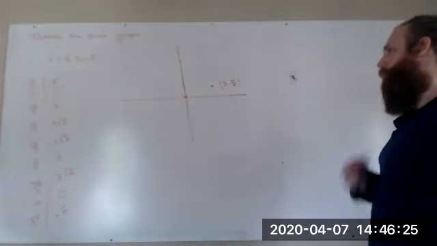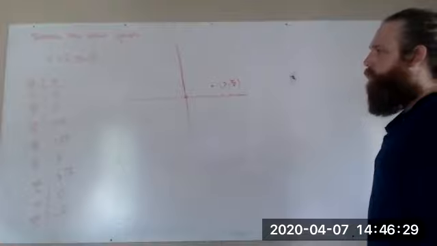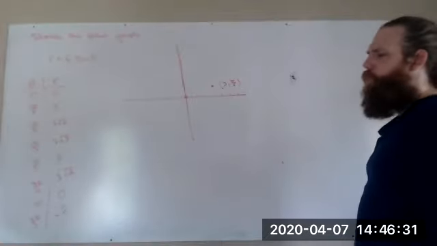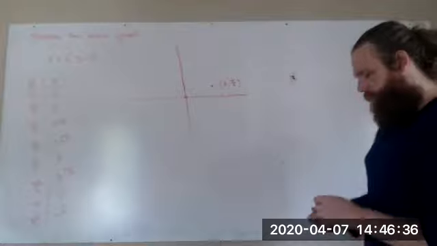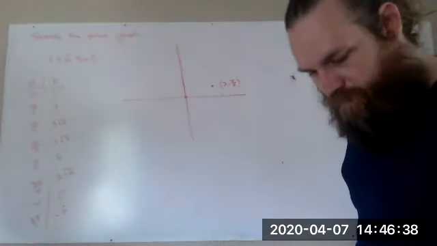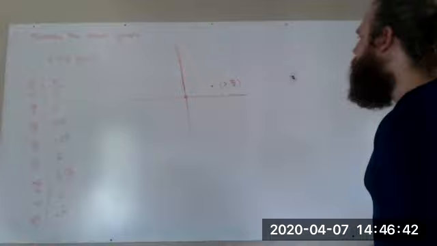I rotate up a little more to pi over 4, and r goes out from 3 to 3 times the square root of 2. Square root of 2 is like 1.4, so this is a little bigger than 3. If we want a decimal, it's about 4.24.